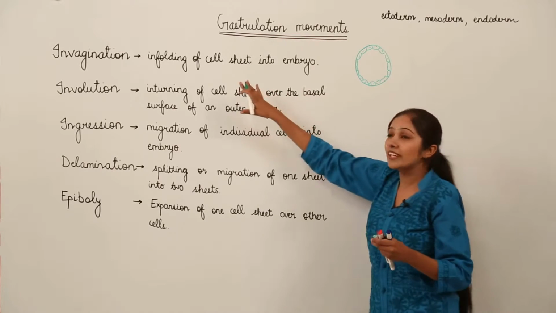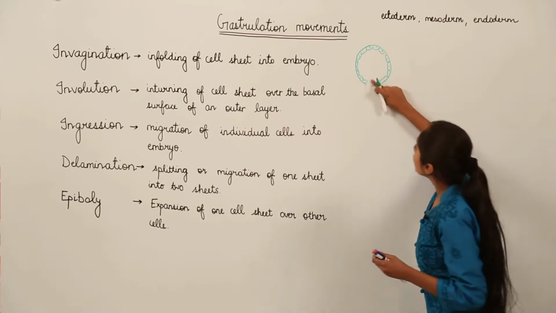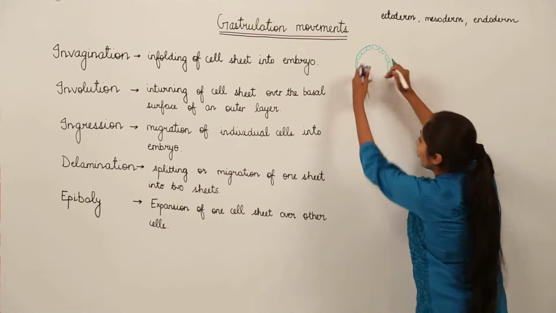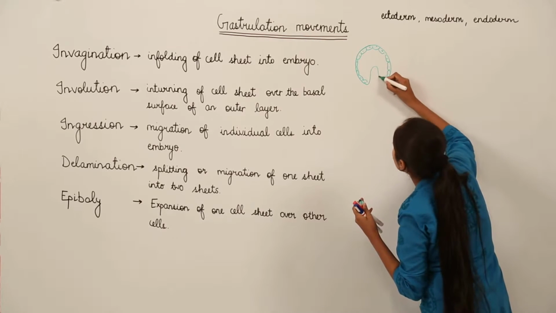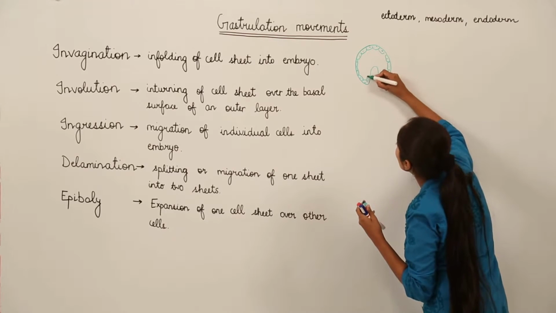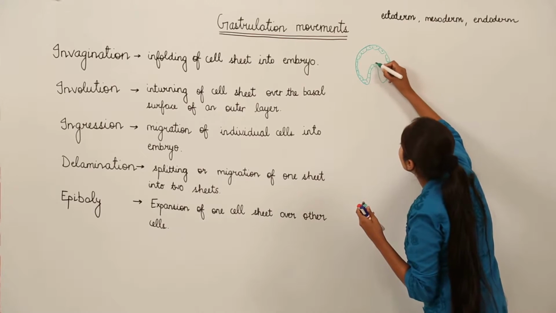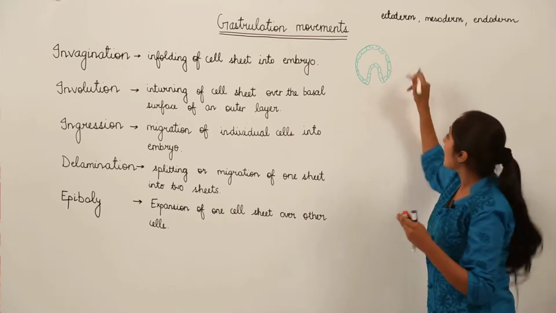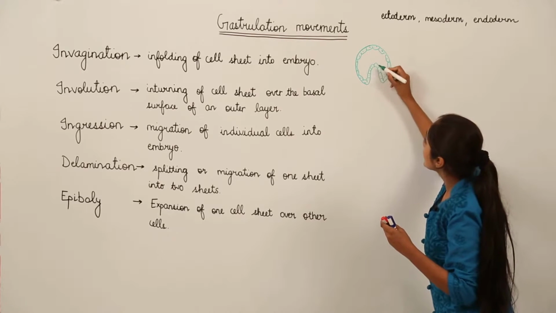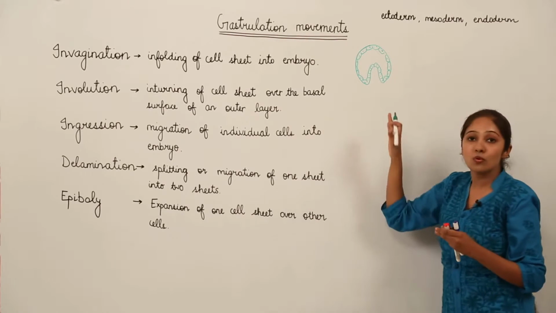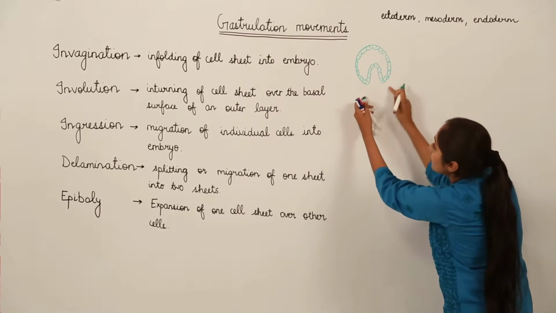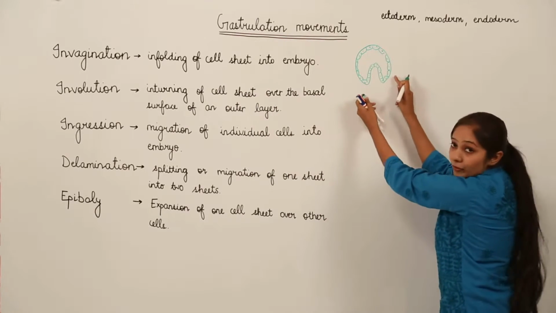These cells are going to enfold into this embryo, in such a way. So we'll show the cells now like this, and there will be an enfolding of cell sheet into the embryo, as you can see. This type of movement is known as invagination, in which there is enfolding of the cell sheet into this embryo.